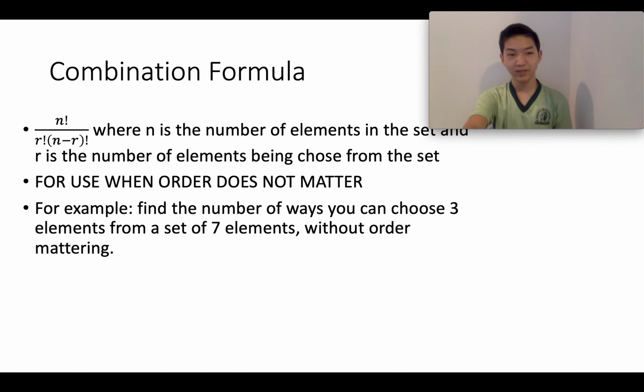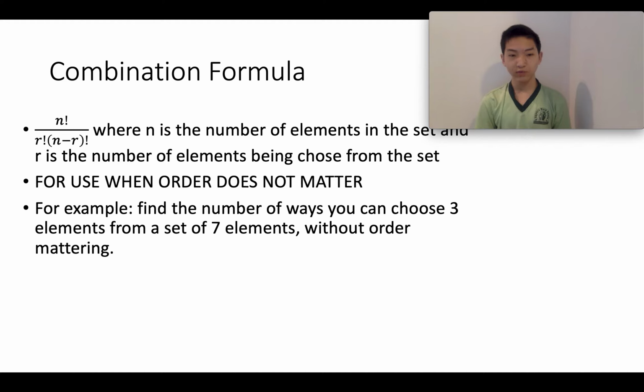Next, we have the combination formula, which is n factorial divided by r factorial times n minus r factorial, where n is the number of elements in the set, and r is the number of elements being chosen from the set. Now this is for use when order does not matter, which is what combinations are.